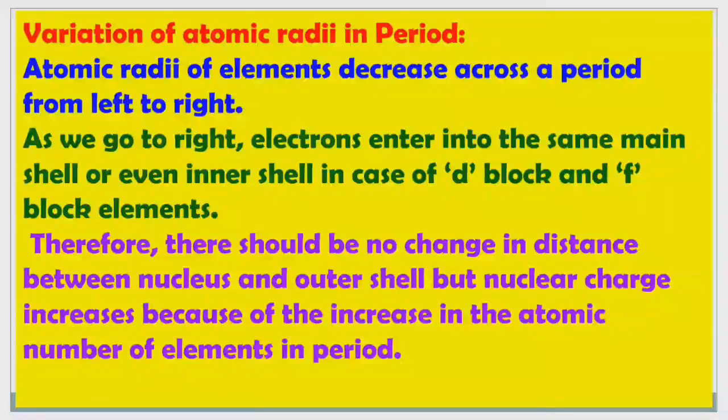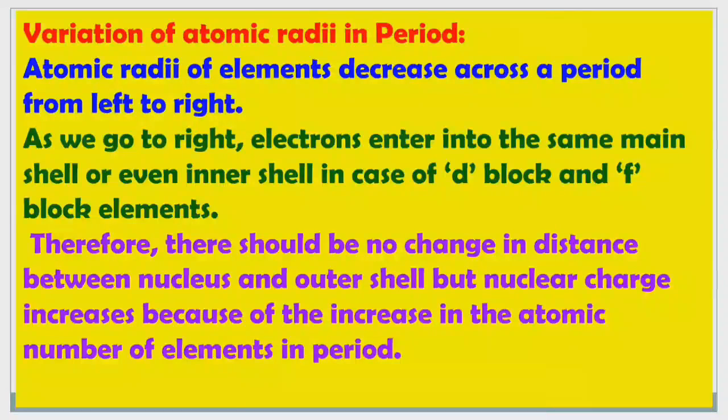Therefore, there should be no change in the distance between the nucleus and the outer cell. As we go from left to right in the periodic table, electrons enter into the same main cell. That's why there is no change in the distance between the nucleus and the outer cell.